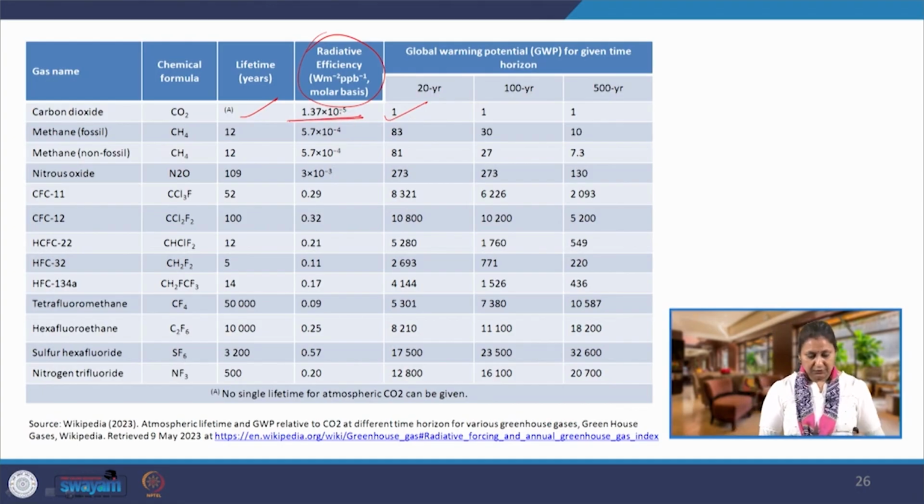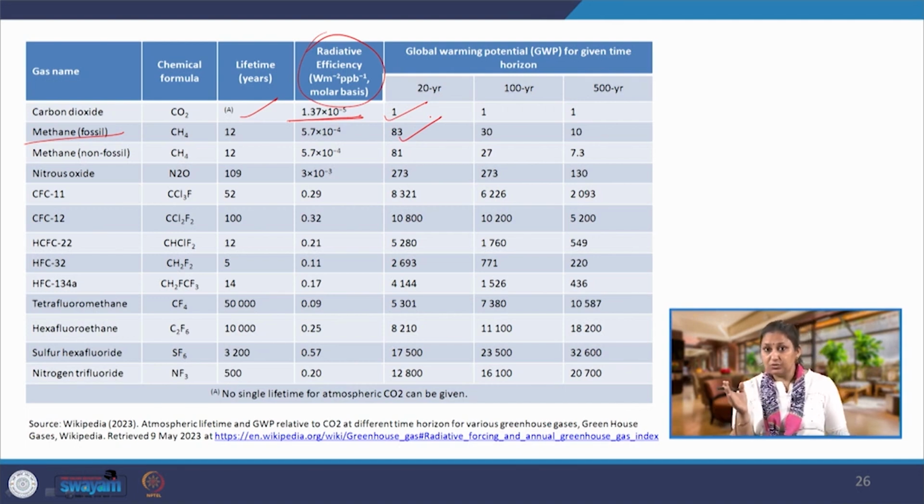And now, if we look at methane. For a 20-year period, the global warming potential of methane is 83, but its GWP for 100-year and 500-year periods is reduced. Why? Because its lifetime is less, approximately 12 years.